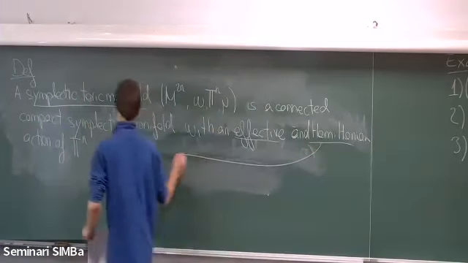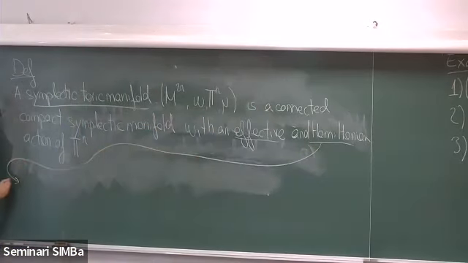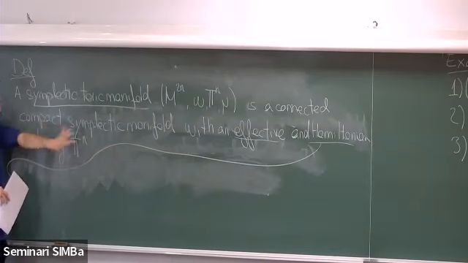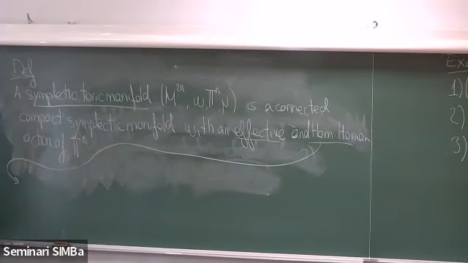In general, Hamiltonian will mean something more general that involves the group. But since now I'm working with toric actions, I will already consider that the Lie algebra of this group is isomorphic to R^n.